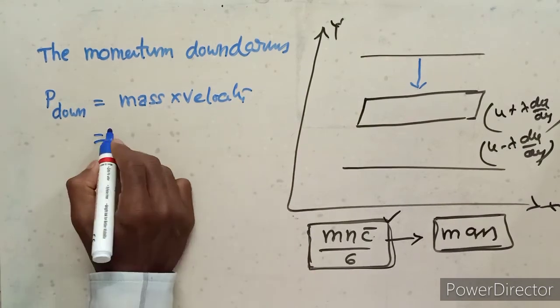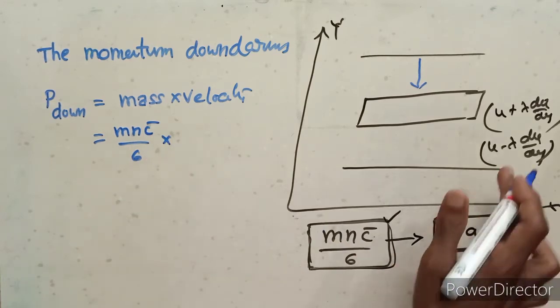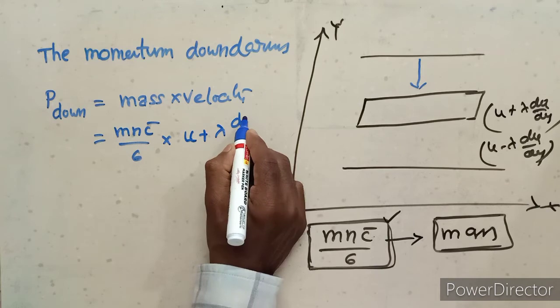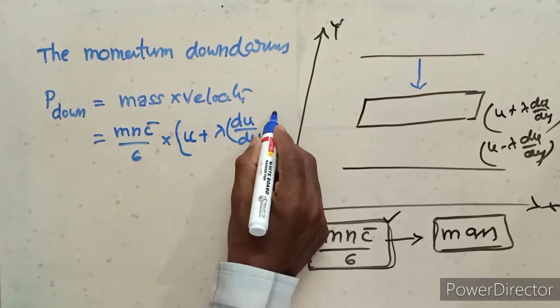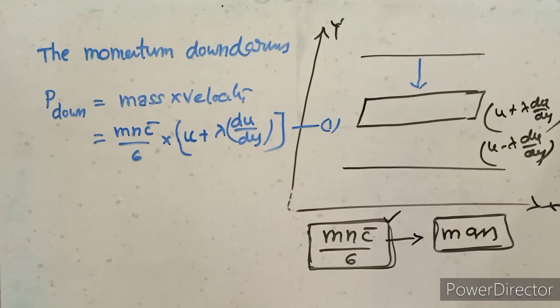Here mass is m n c bar upon 6. Velocity is u plus lambda du upon dy. This is the first equation, the momentum downwards.